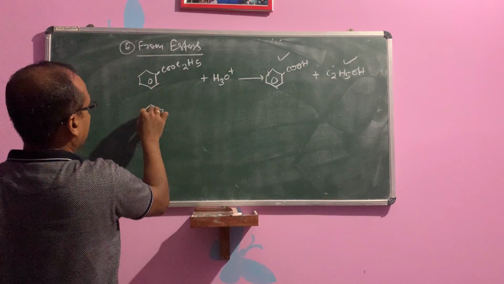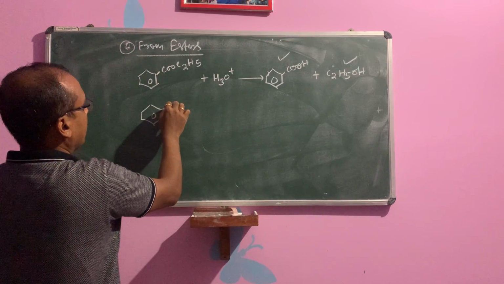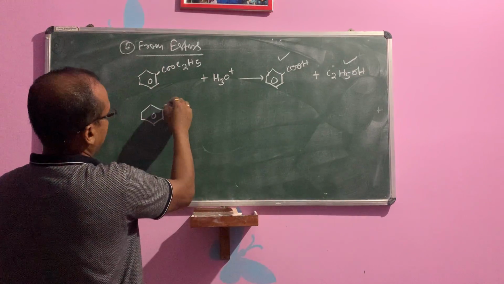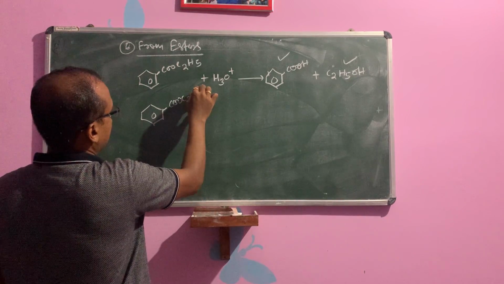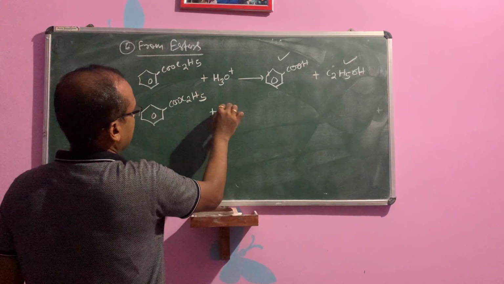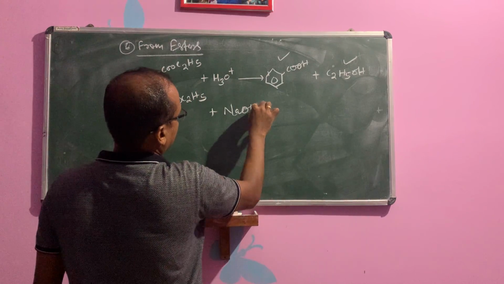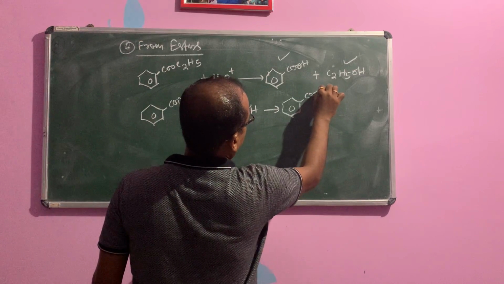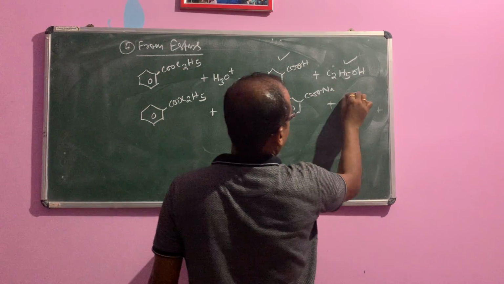Similarly, you can take the same example with NaOH, then the product changes: sodium benzoate plus C2H5OH.